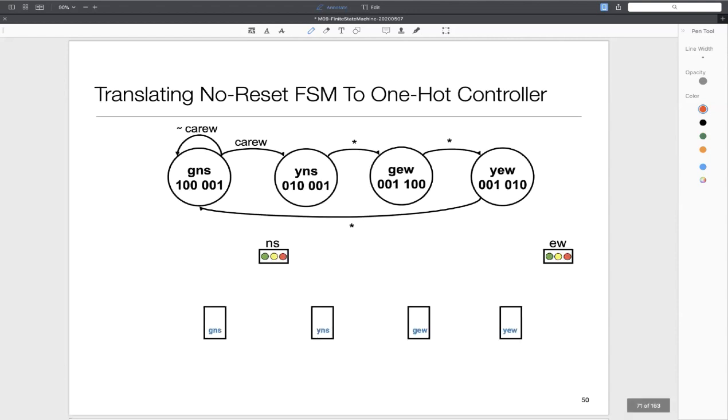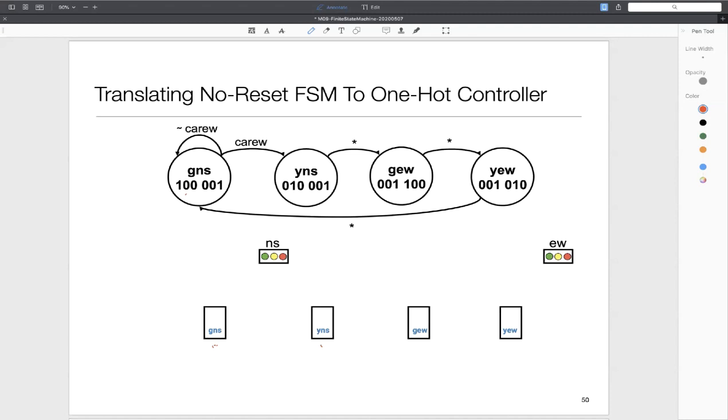So I have 4 flip-flops, those boxes that I have drawn. If I am in state GNS, then the flip-flop which I have called GNS will have a value of 1, and all the other 3 flip-flops will have the value 0. If I am in state YNS, then the flip-flop YNS will have 1, and the other 3 will have 0.